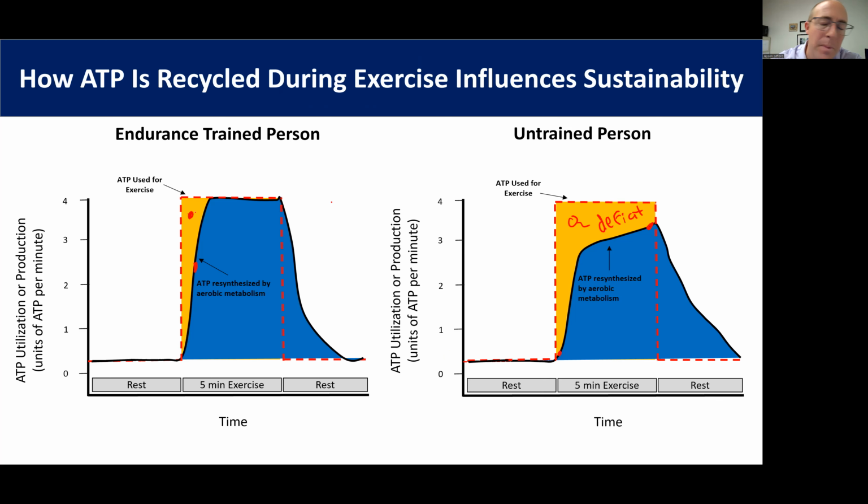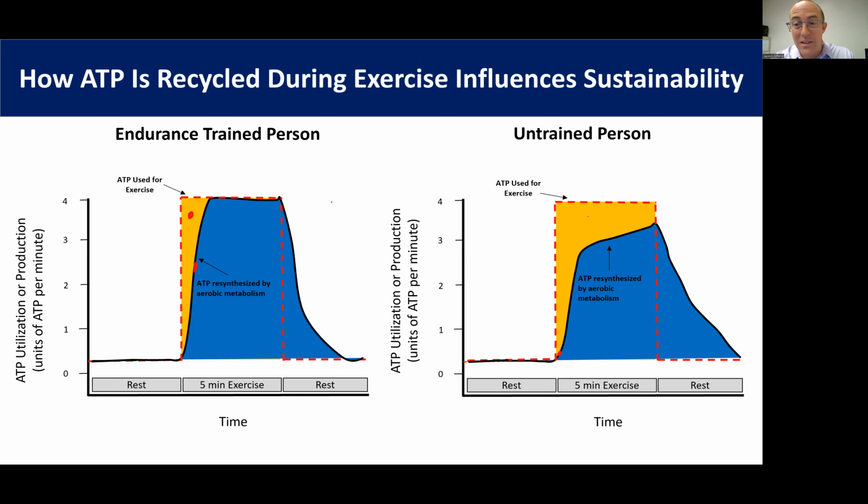Same over here. Now, the larger your oxygen deficit, the more likely you are to fatigue, because that means you're more reliant on anaerobic mechanisms to get your ATP, and that's just not a sustainable thing to do. This untrained person might be able to do this exercise for like 5 minutes or so.